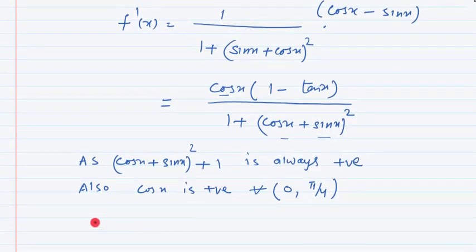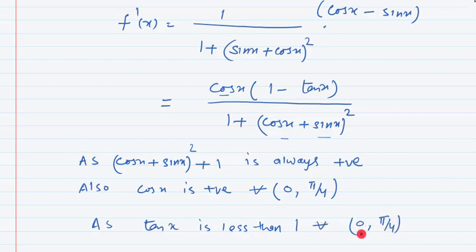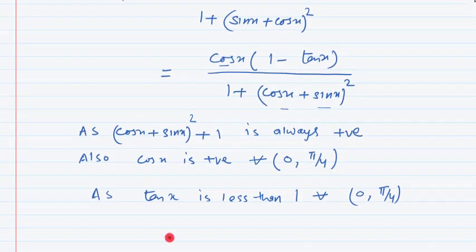We mention it here as tan x is less than 1 for all x in 0 to pi by 4, which implies 1 minus tan x is greater than 0.